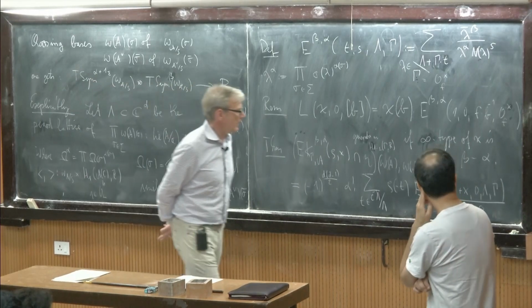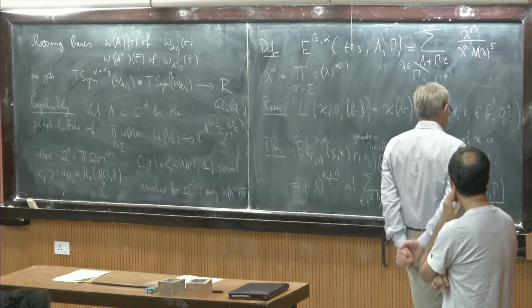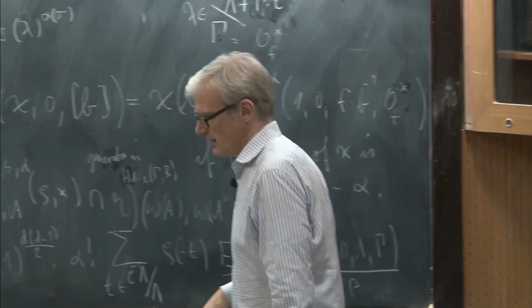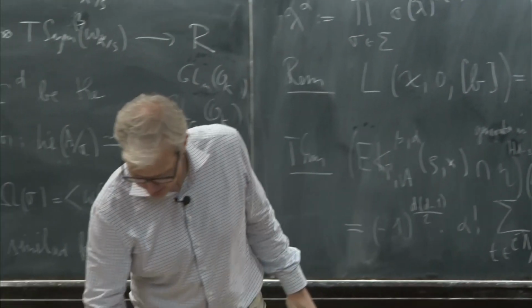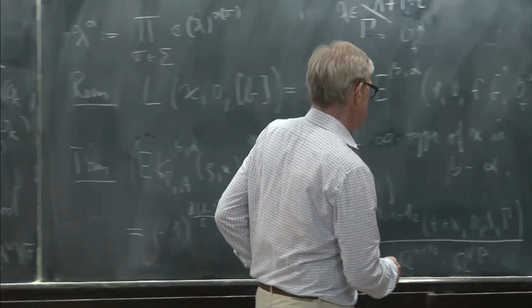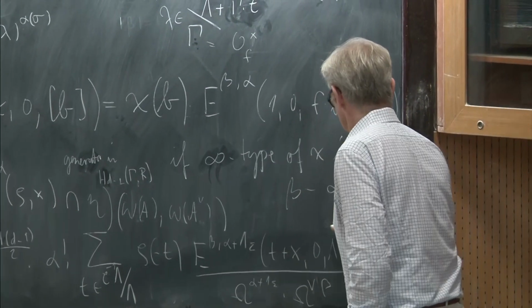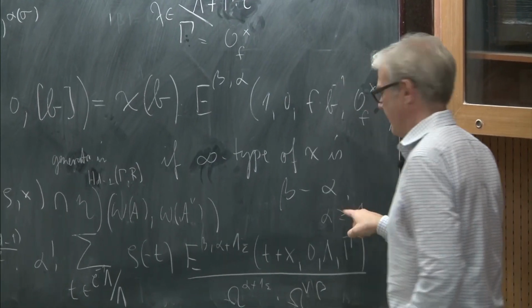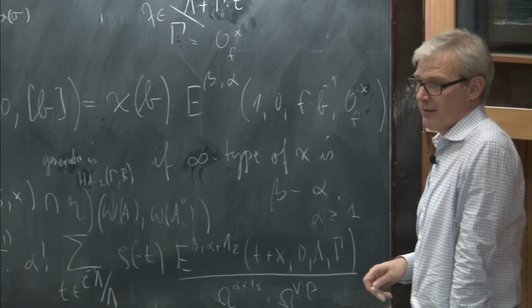Alpha can be equal to beta, yes, but you have to be careful. The condition is that this is critical, so alpha has to be always bigger than 1 in the obvious sense. So all alpha sigma have to be bigger than 1.